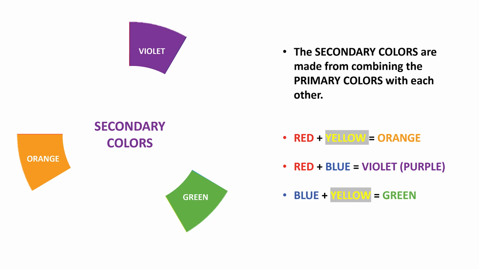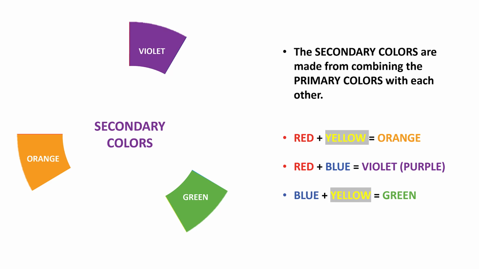A lot of us already know this as well. We know our secondary colors. It's when we get to the tertiary colors that we start getting confused. But basically we just need to remember that when we mix primary colors together, we get these 3 secondary colors. So there's 3 primary colors, red, yellow, blue, and there's 3 secondary colors, orange, violet, and green.